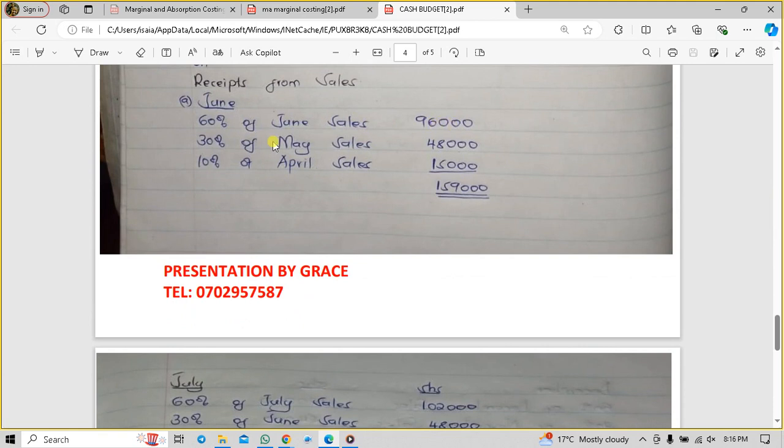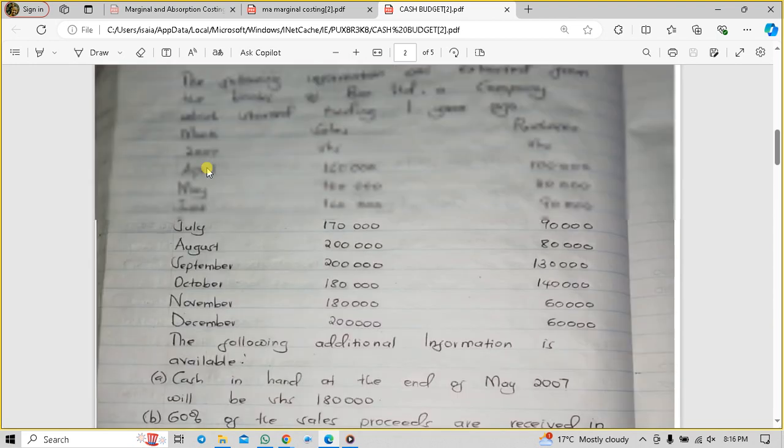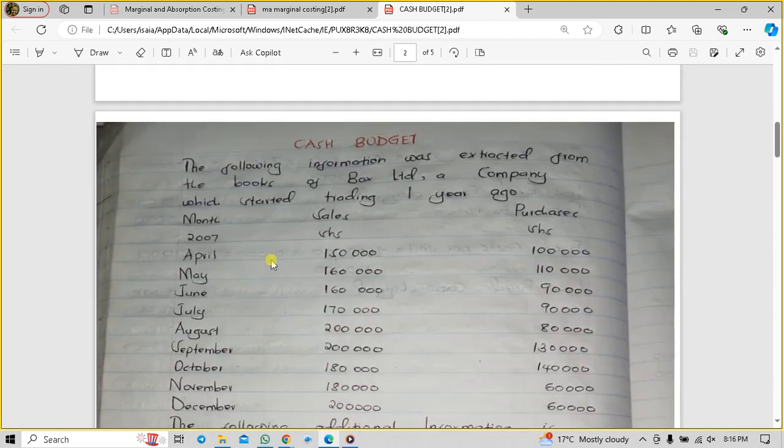Then remember, also in June, we are going to receive money from May, from the previous month. That is 30%, and 10% from April. So what is happening here? In April, 60% will be received in April.